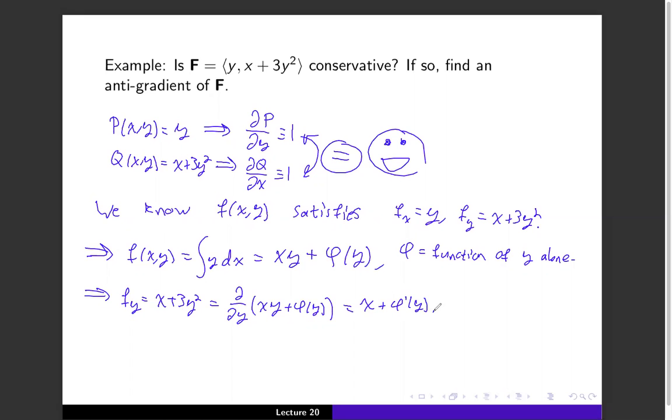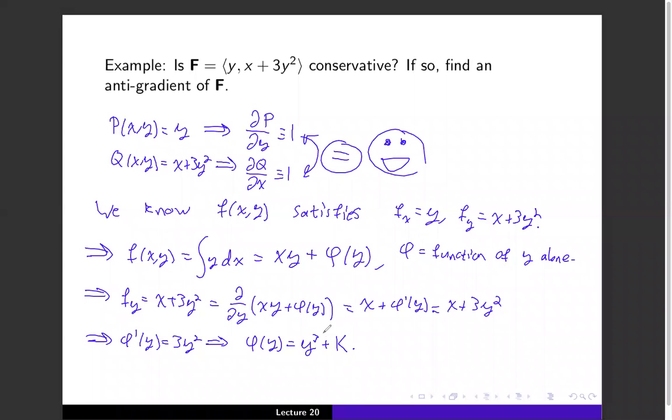Aha, well, if that's the same thing as x plus 3y squared, that means that phi prime of y is 3y squared, which is to say actually that phi of y is equal to y cubed plus some arbitrary constant k.